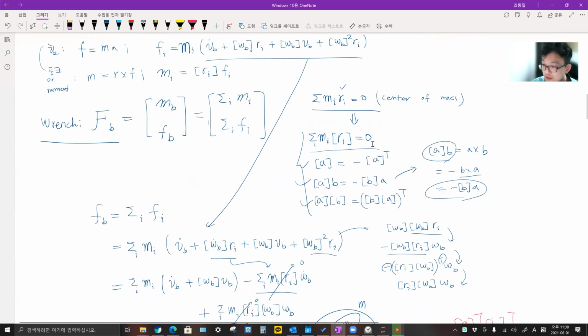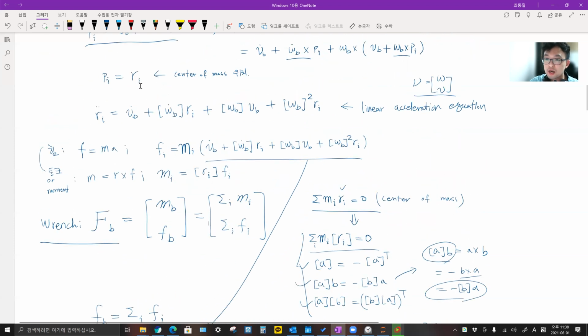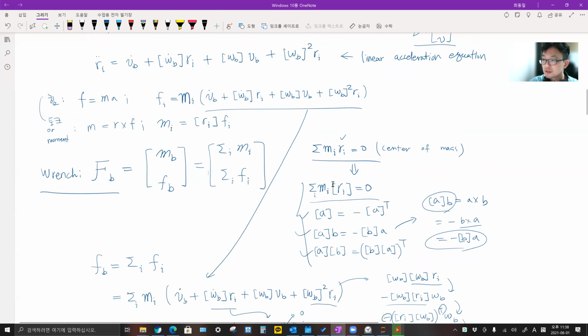And let's see this one. Because r is measured from the center of mass, from the meaning of the center of mass, it is basically m multiplied by r. The sum of m multiplied by r becomes 0 because this one is the center of mass.